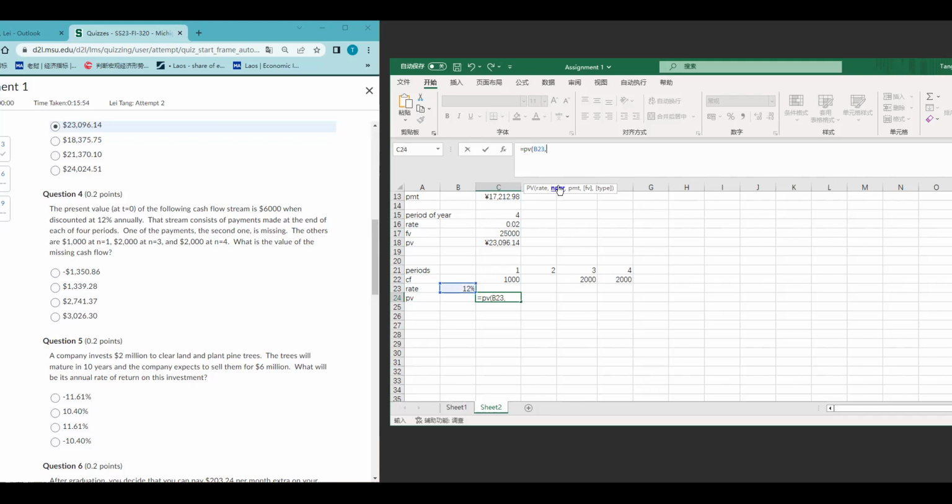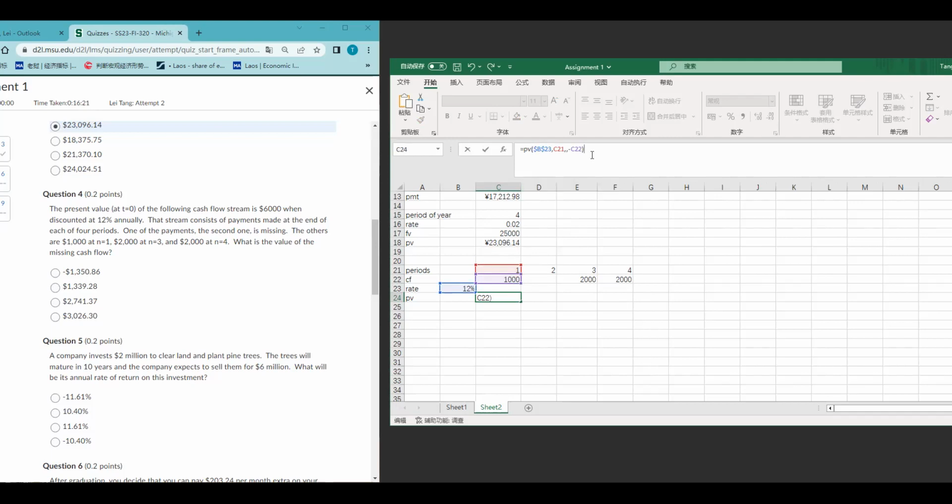Rate, number of periods, PMT is 0, and the future value is negative.